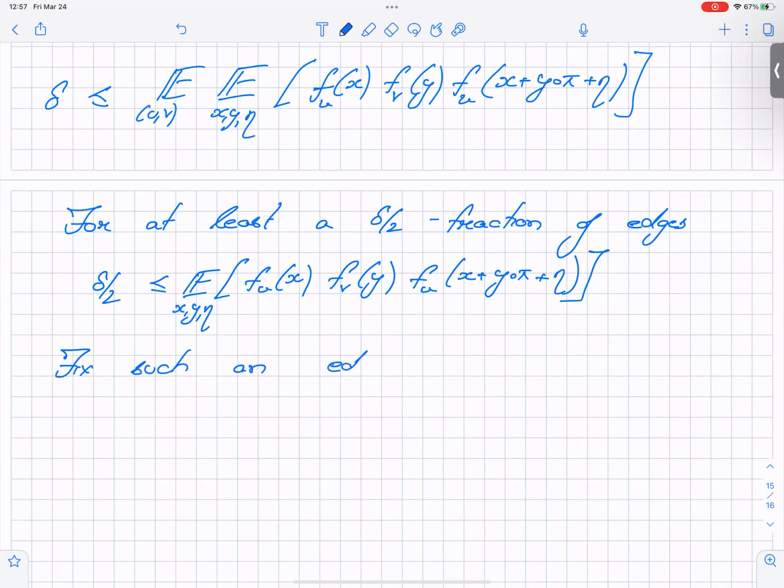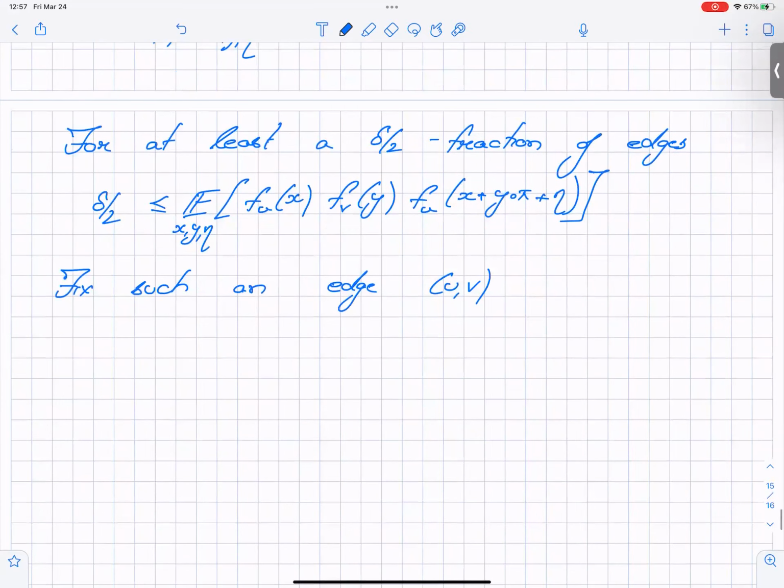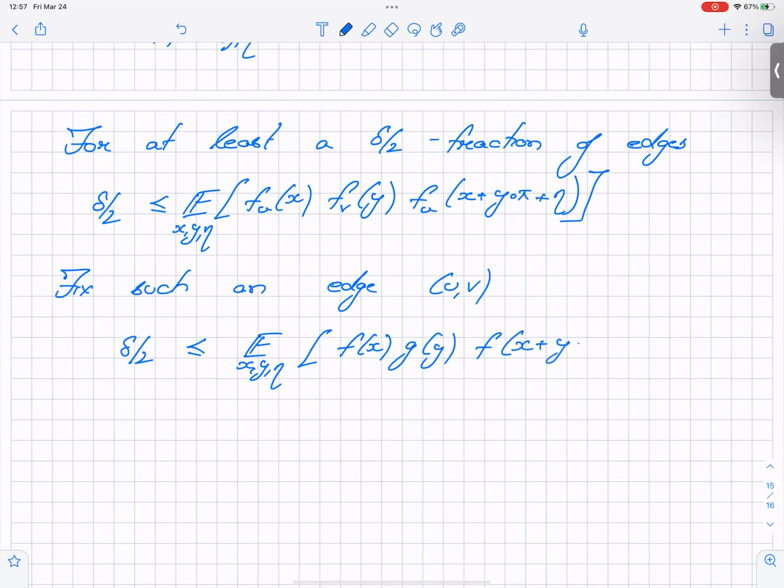And so for this edge, we have delta by 2 is less than or equal to the expected value over x, y, and eta of f of x, g of y, f of x plus y of pi plus eta. Fair enough.